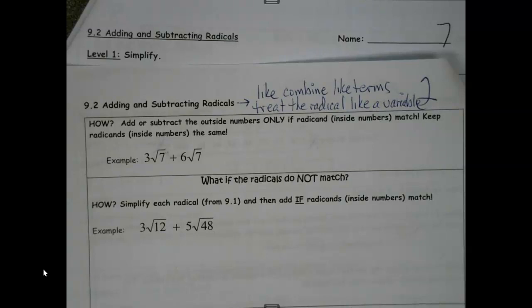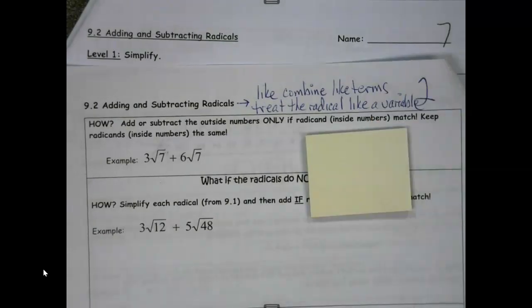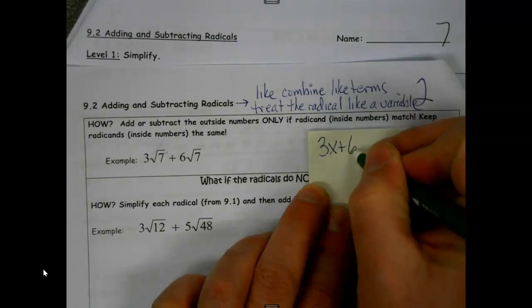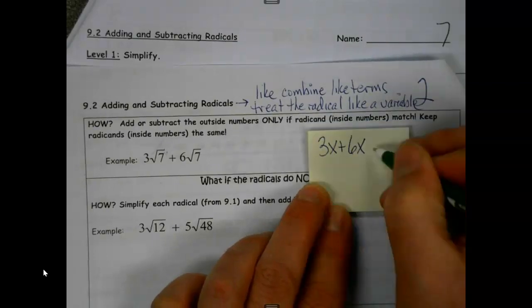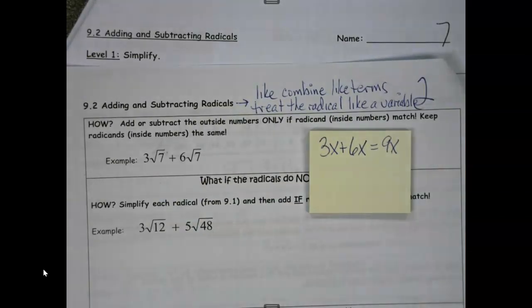So when I say that, what I mean is, for instance, if you had 3x plus 6x, you're like, okay, Hardy, that's easy. It's 3x and 6x. 3 plus 6 is 9. I go about my business.